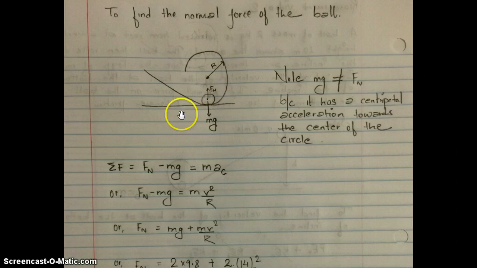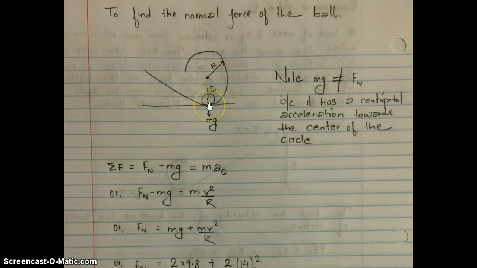We need to understand that the mg is not going to be equal to the normal force like in any other problem we did. It is because it has a centripetal acceleration towards the center of the circle. Turns out the normal force is larger than mg.